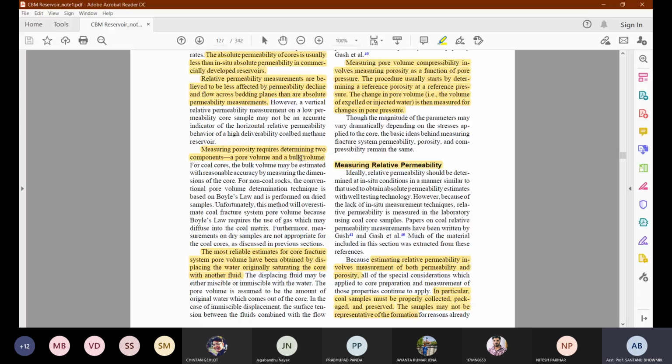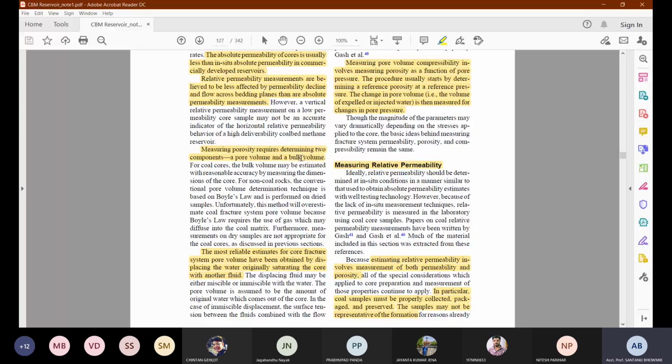Suppose you are going to measure the fluid porosity, you saturate the sample with water, and then you take the experimental fluid whose porosity you want to measure. Now you apply pressure so that this fluid displaces the water which is already inside the coal sample.